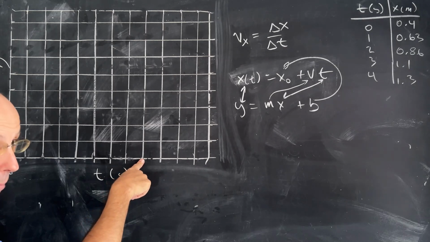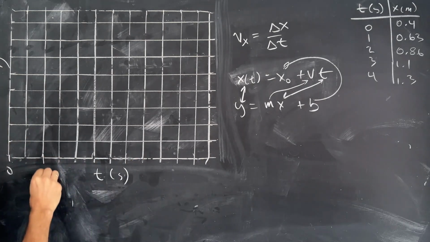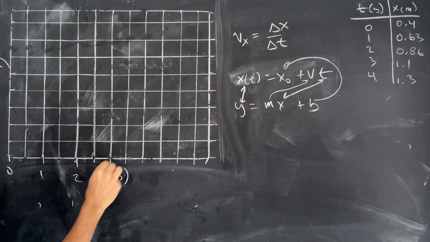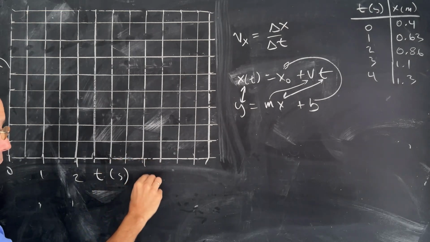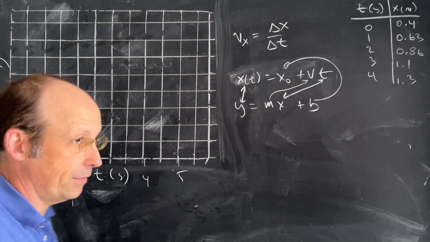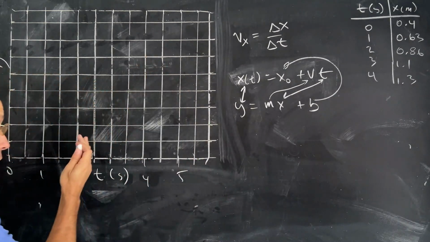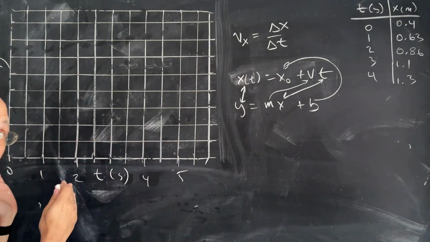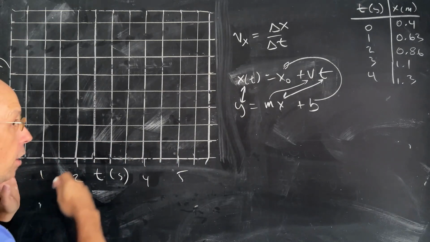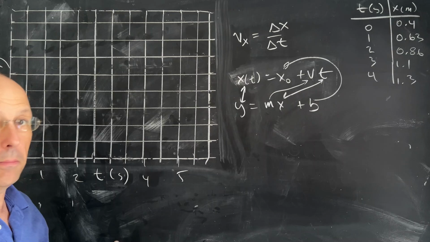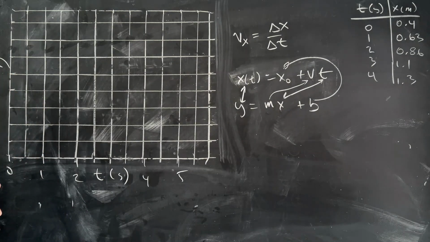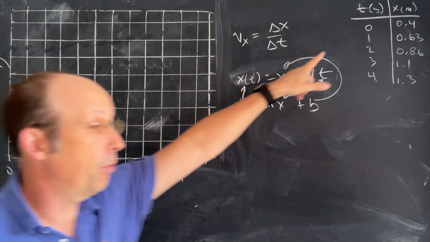It's not perfect, but it's good enough. So I'm going to say this is 1, 2, 3, 4 seconds, and that would be 5, but we don't have 5 seconds. In general, if your scaling is less than half of the size of the graph, you could always expand it by 2 to make it bigger. You do not have to start at 0, but I did because I have a 0 point over there.